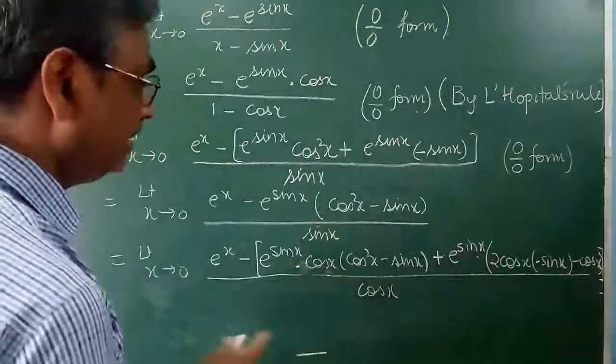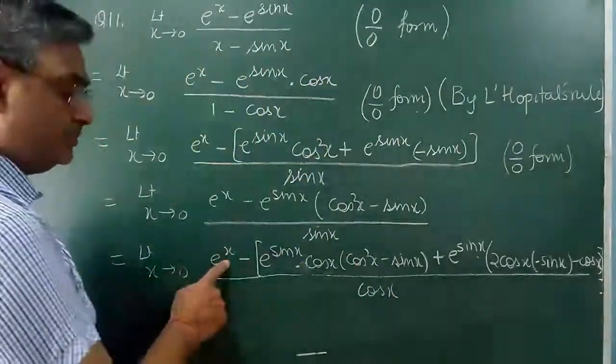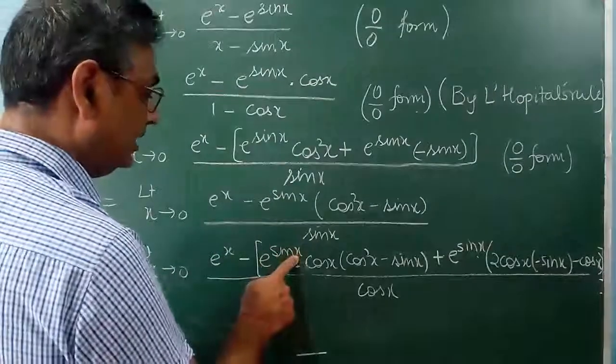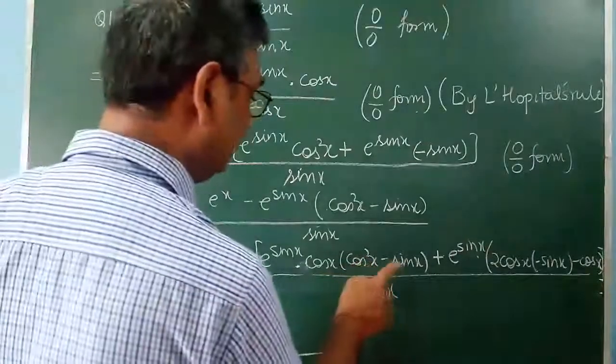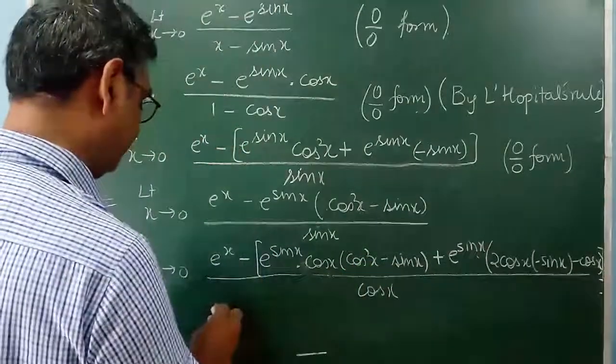Now, if I put the limit, e to power 0 is 1, and this is 1, 1 minus 0. So, here it will be 1.